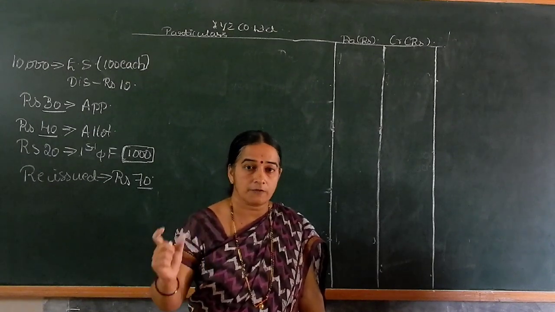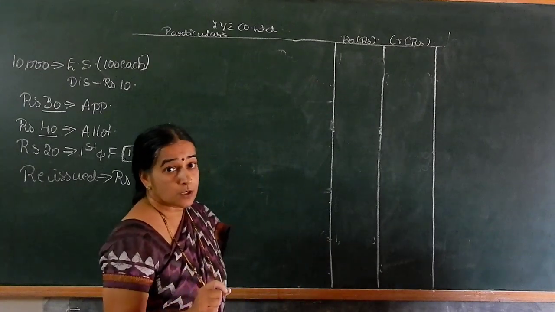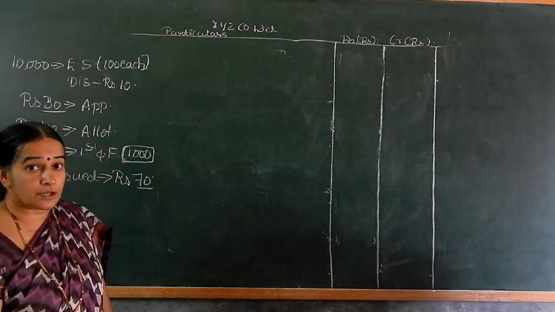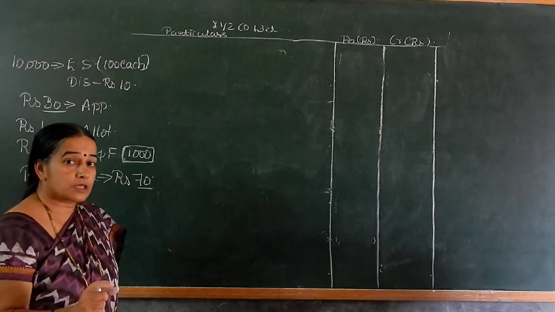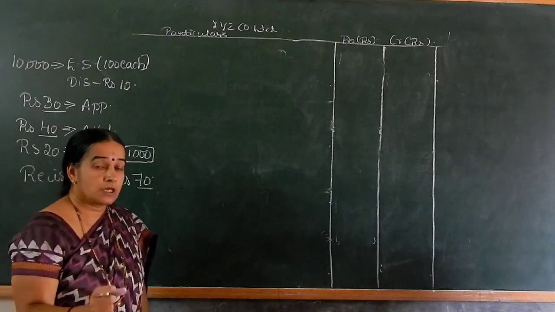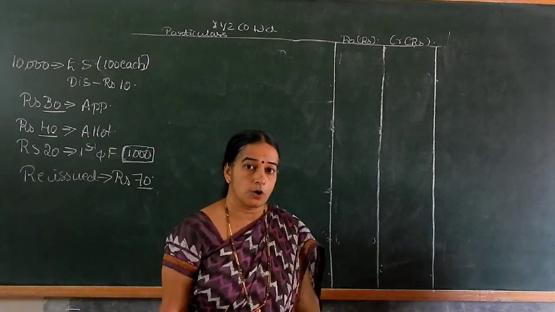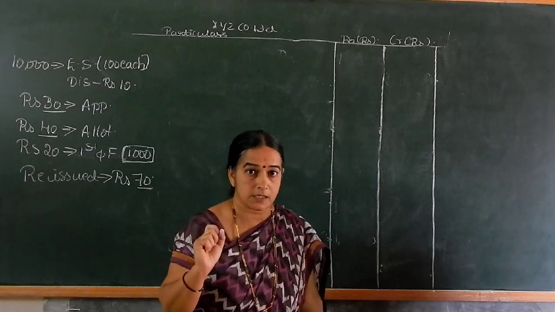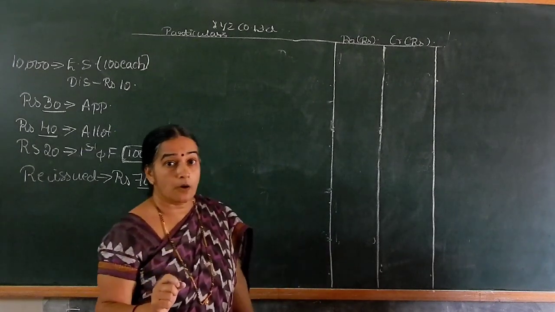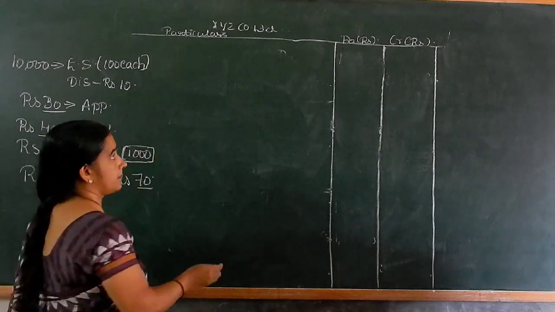When the shares are forfeited, the share capital will be reduced. So when the share capital is reduced, that much share capital should be debited. Always share capital shows the credit balance. To reduce the amount in the share capital, the share capital has to be debited.